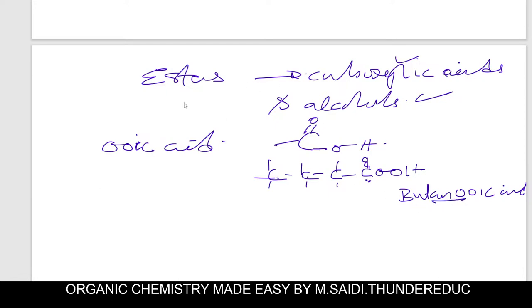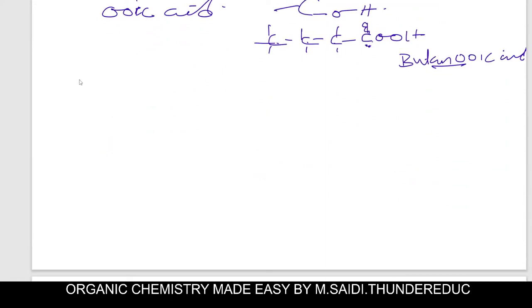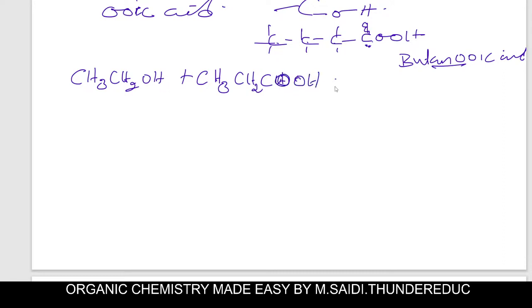Now, what about the ester when I combine the two? This is how it forms. I have an alcohol, CH3CH2OH, plus a carboxylic acid, CH3CH2CH2COOH.